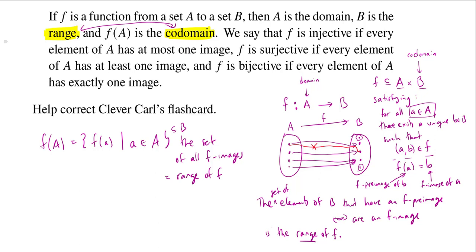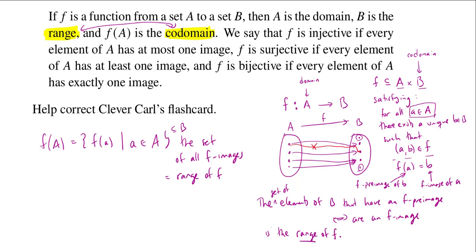Okay, next, we say that f is injective if every element of A has at most one image. But you notice our definition of function says for all A, they have a unique image. So this is maybe a little confusing with the definition of function.